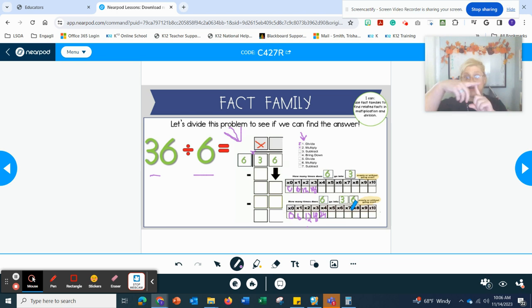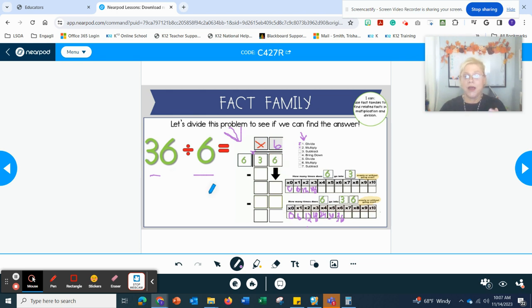Remember, we can count by fives: 10, 15, 20, 25, 30. 6 times 6. Remember, it's repeated addition. If 6 times 5 is 30, if we add 6 more to 30, that is 36. We don't want to go over 36. 6 times 6 is 36.